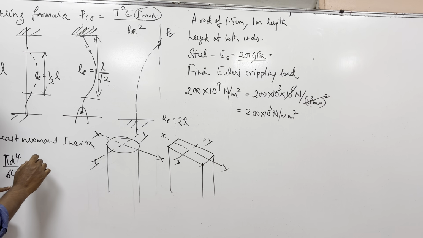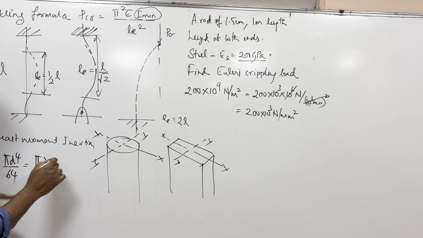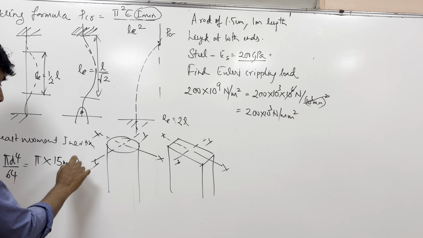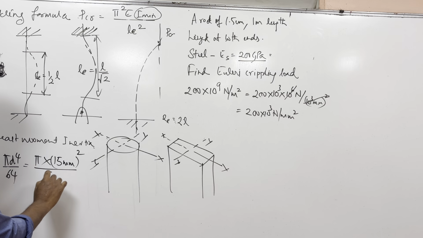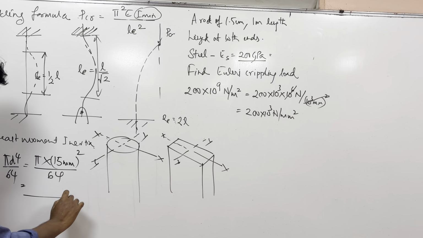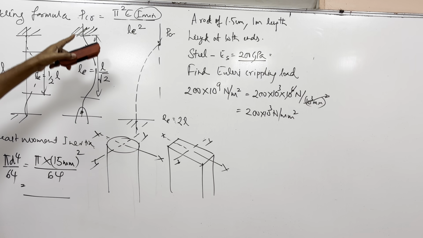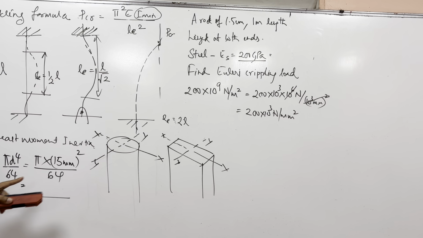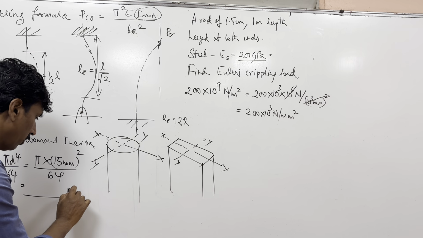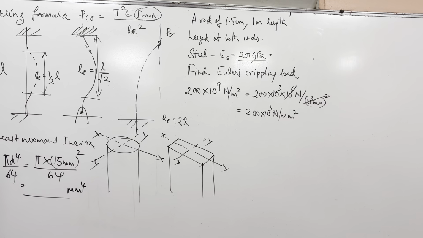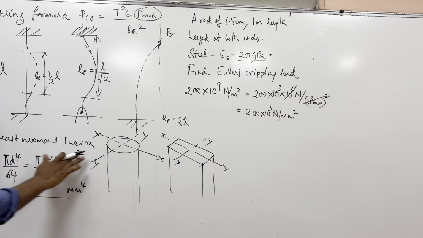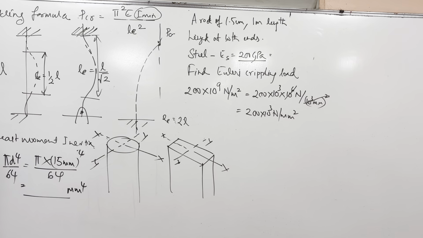So here pi into d to the power of 4 divided by 64, with d equal to 15 mm. You get some answer, so we can substitute this later. Somebody calculate this. This is mm to the power of 4, not square, it is raised to the power of 4.